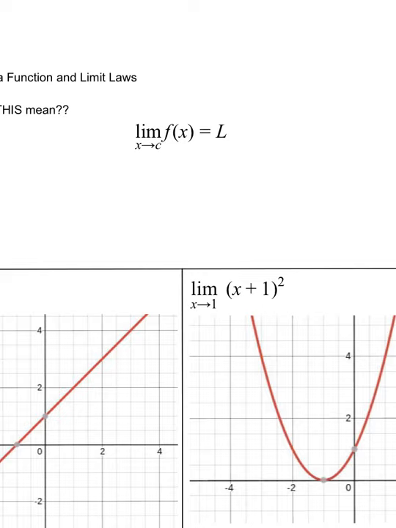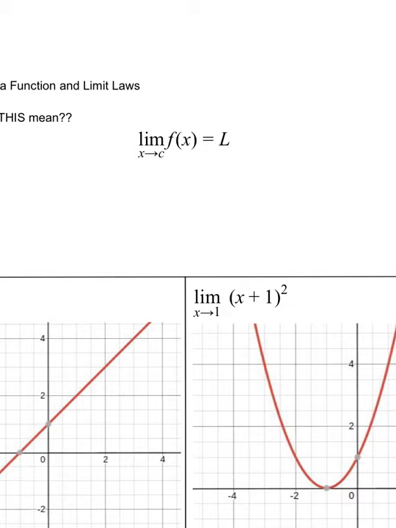When you're writing your limit, this is telling you, as x approaches c from both sides, so from the left and also from the right, what is the y value?